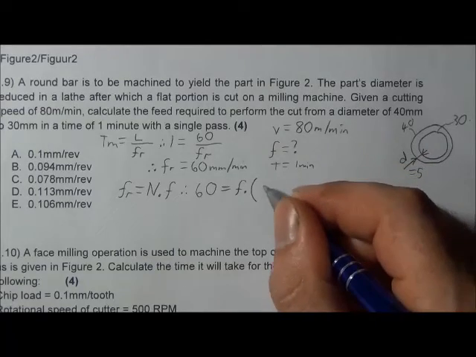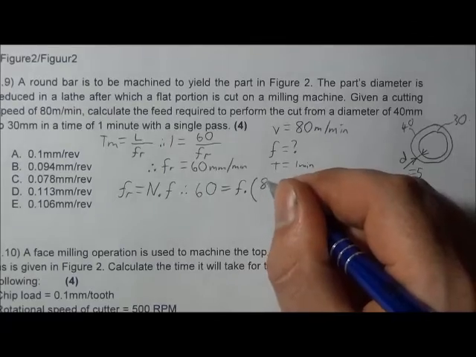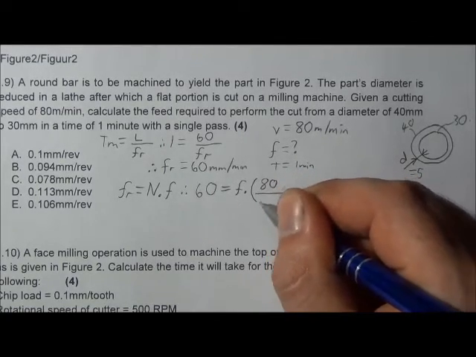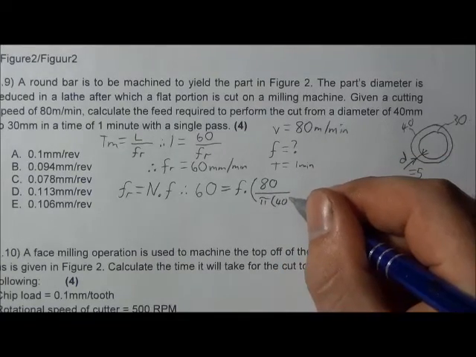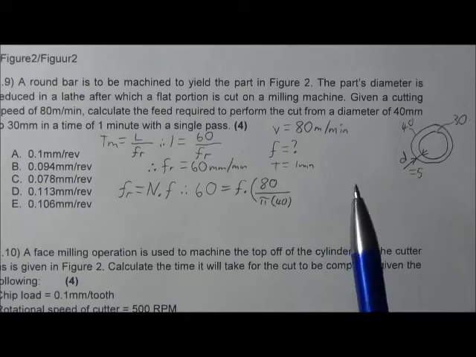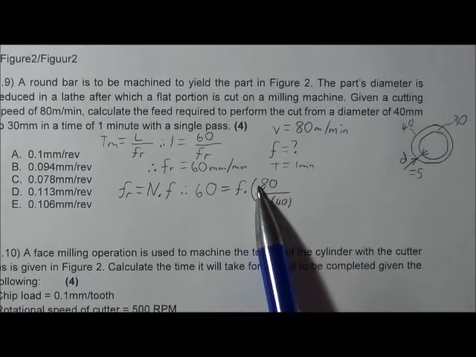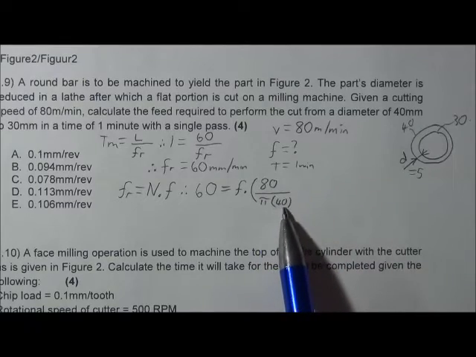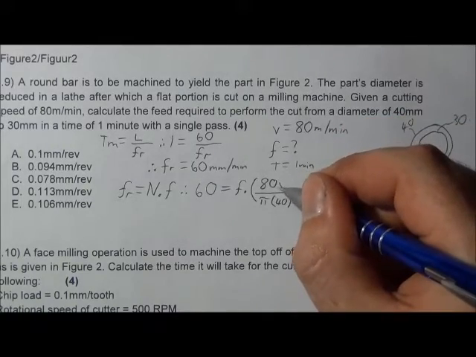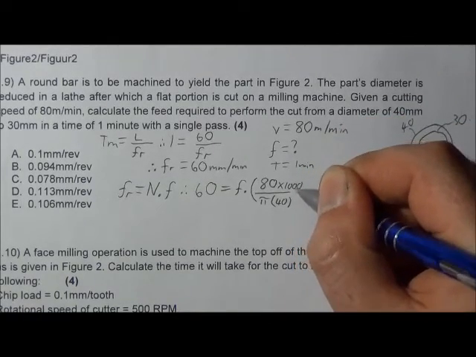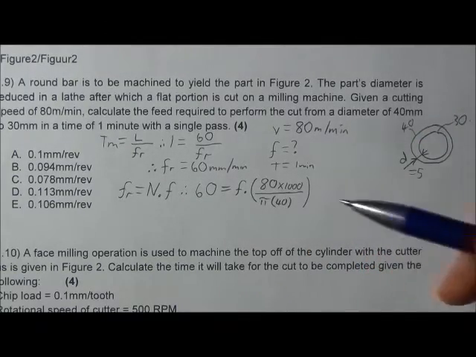So n is equal to v over pi d. So that's 80 over pi times 40. Now there's a mistake here. This is meters per minute. This is millimeters. So I'm just going to multiply by 1000 at the top to get it to millimeters and millimeters.